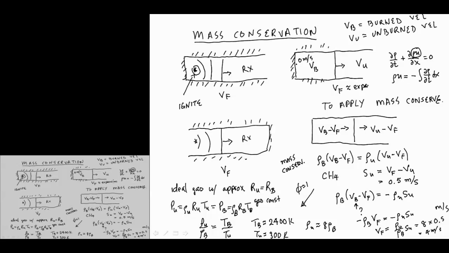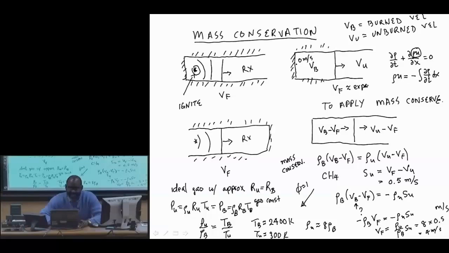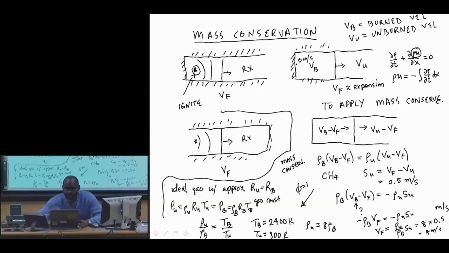What I want you to think about is what happens in a situation like this. We did all of this for the problem where we ignited on the closed end. I want you to be able to tell me what VU is going to be for the closed end ignition problem. And then for the open end ignition problem, I want you to tell me what VB, VF, and VU should be for the same problem where SU is 0.5 meters per second.